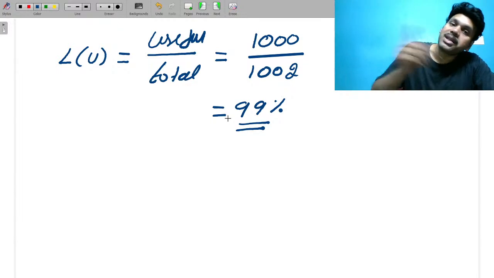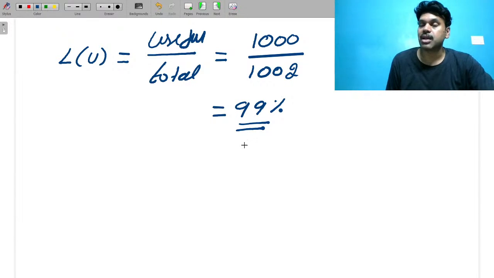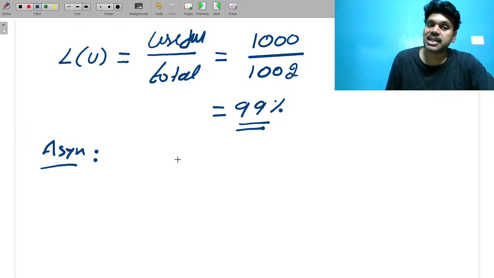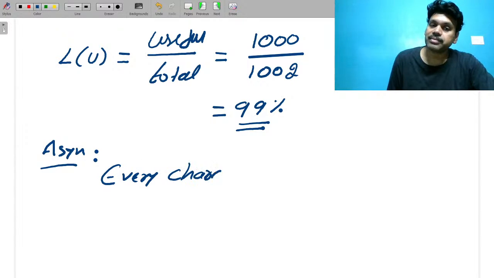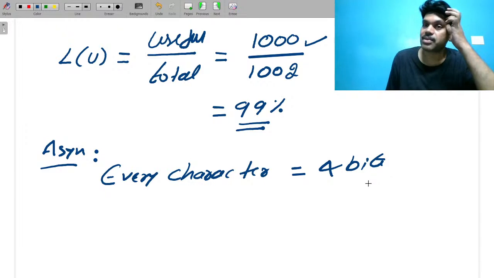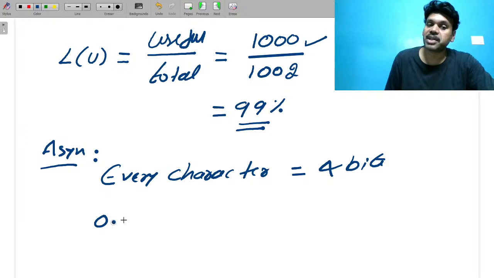But if you look at the previous case, what is that? Observe carefully. If I am using async, every one character is going to take 4 extra bits. If I am sending 1000 characters, what is your overhead, my dear friends?